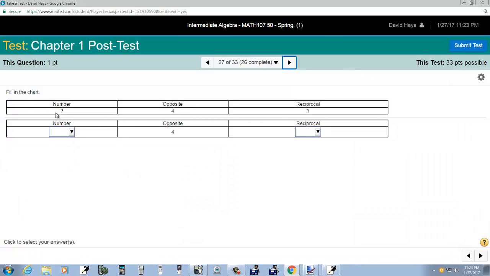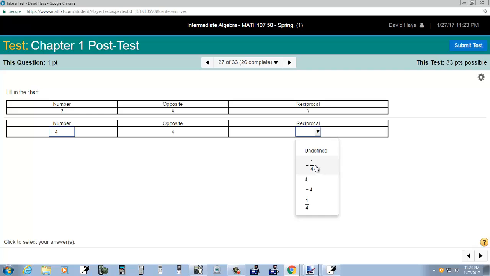Fill in the chart. Okay, they tell us opposite is 4, so the number must be negative 4. Opposite just means the sign changes. The reciprocal. I'm assuming they mean the reciprocal of the number. That'd be negative 1/4.